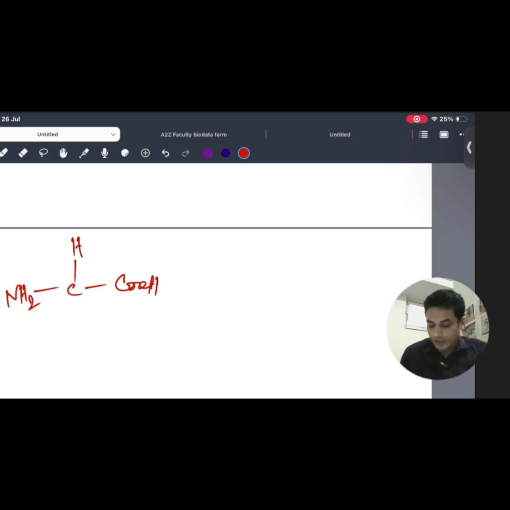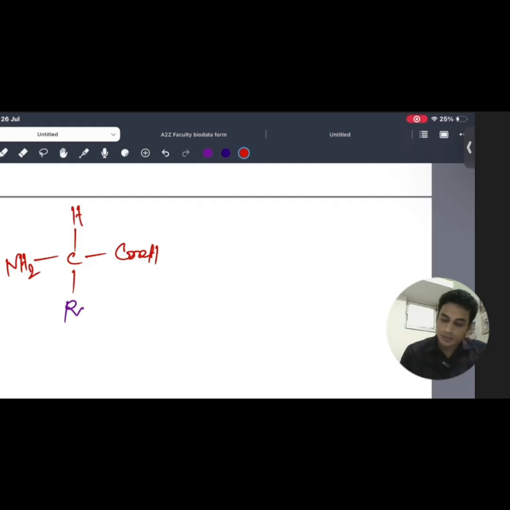If the variable group R is H, then this amino acid is known as glycine.